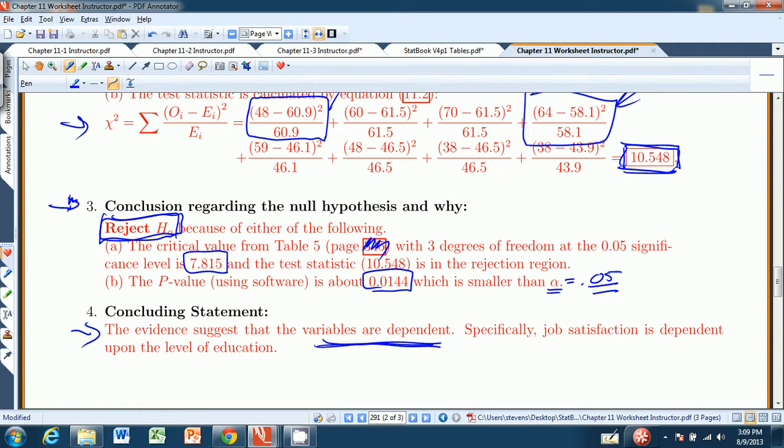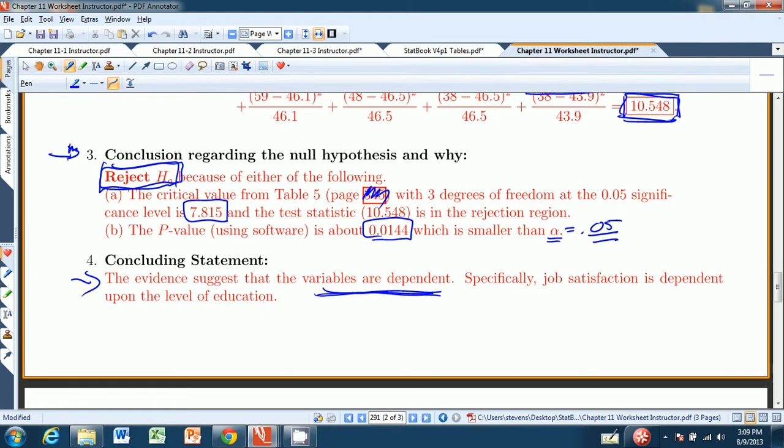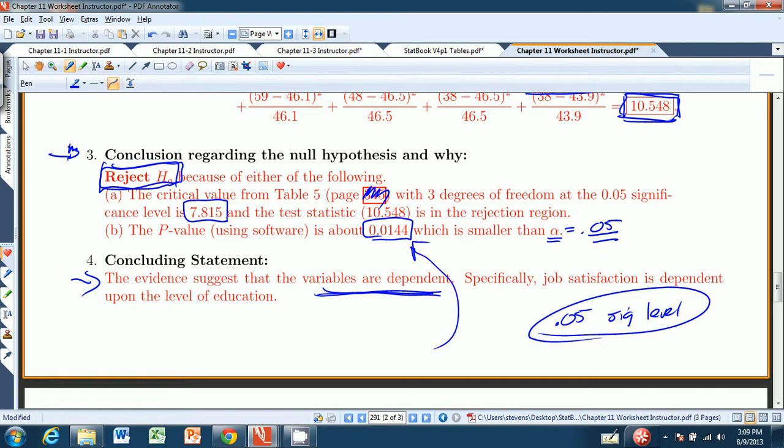Specifically, job satisfaction is dependent upon the level of education. Right? So that's at the 0.05 significance level. It's worth pointing out that if I change my 0.05 significance level to say 0.01, I suddenly would not be able to reject the null hypothesis. And I would not be able to support the claim of a dependent relationship.